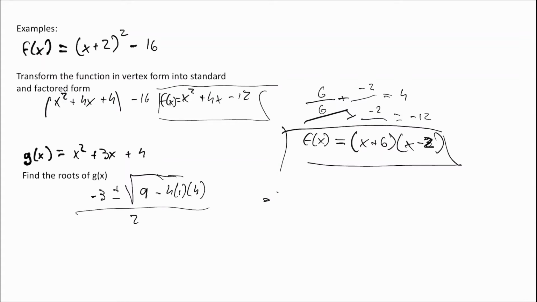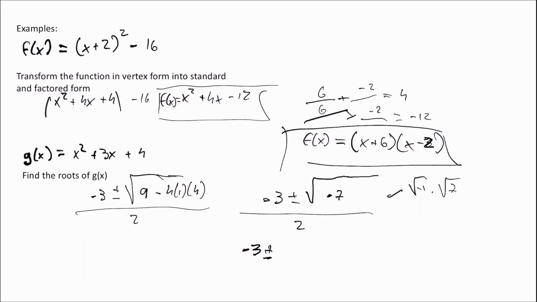So that will get me negative 3 plus minus the root of, so negative 4 times 4 is going to be negative 16, then plus 9, that will get me negative 7 over 2. Negative 7 I can transform to root of negative 1 times root of 7. Root of 7, that's a prime number. I can't simplify that any further. So this will get me negative 3 plus minus i root of 7 over 2.